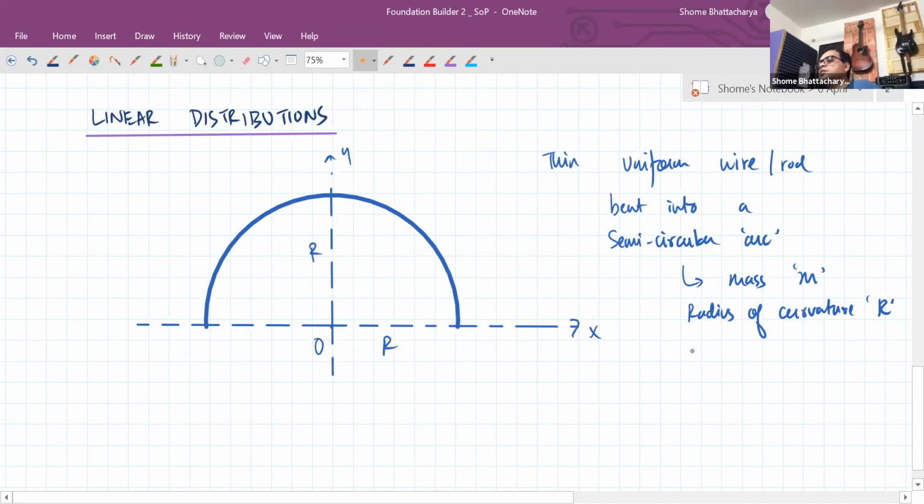And the center of curvature, not the center of mass, but the center of curvature, is the origin of the coordinate system.